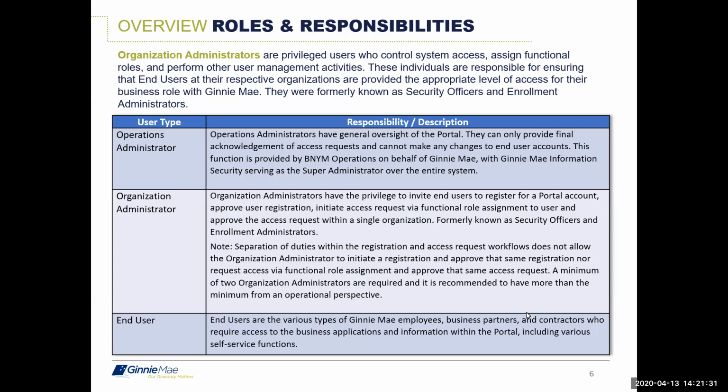They're responsible for making sure that our systems are healthy and that they're maintained and that everything is functioning smoothly. They are not responsible for individual account access for end users. That is your responsibility as an organization administrator, okay?